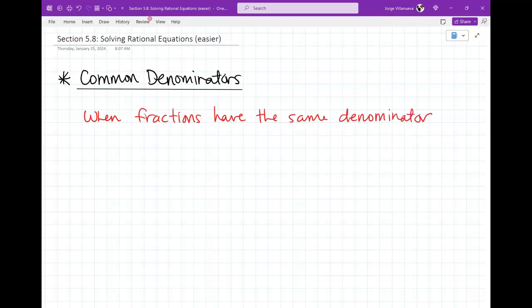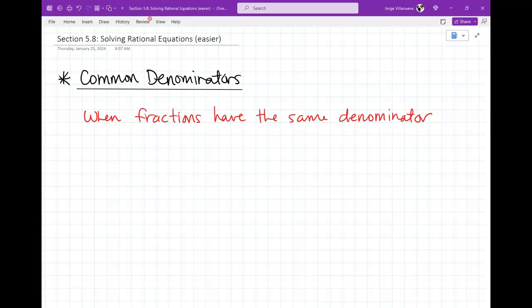And we've done problems like this when we added and subtracted in section 5.4. They had the same denominator. It made it easy for me to add and subtract, okay? So that's what common denominators are.